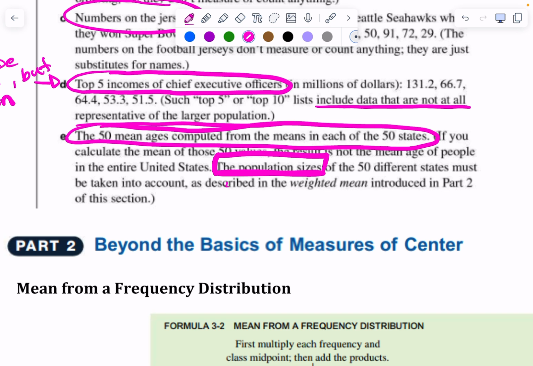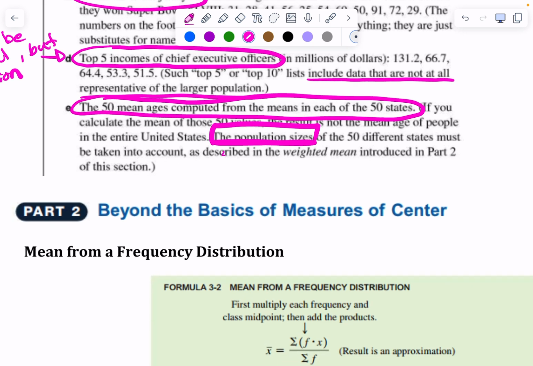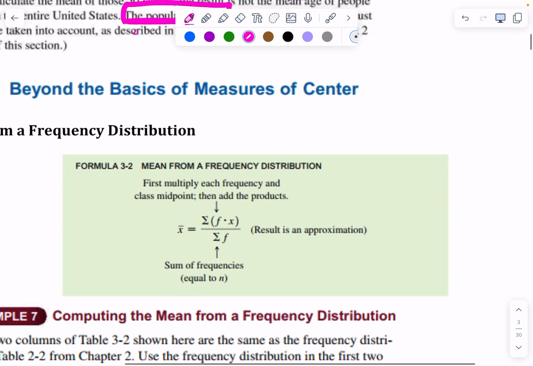There's maybe older people living in Arizona, Florida, California, because they're retiring there, right? There's probably more old people that live in those states. I have no idea. Happy with this?